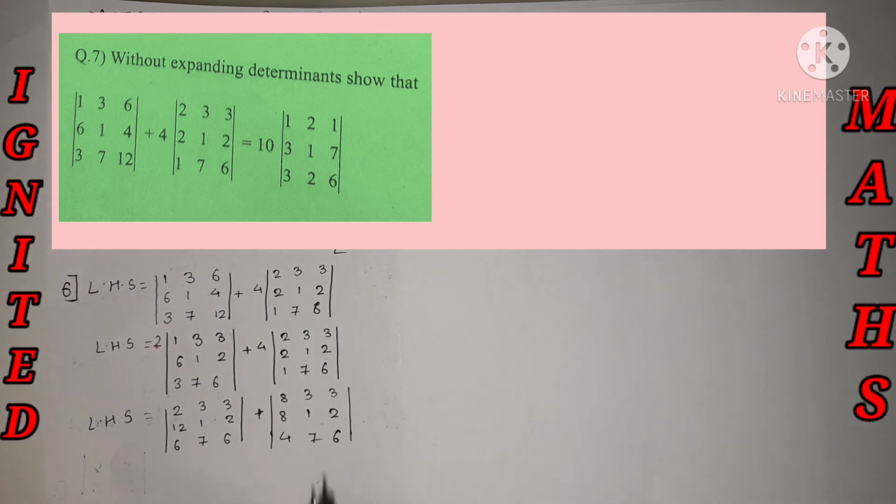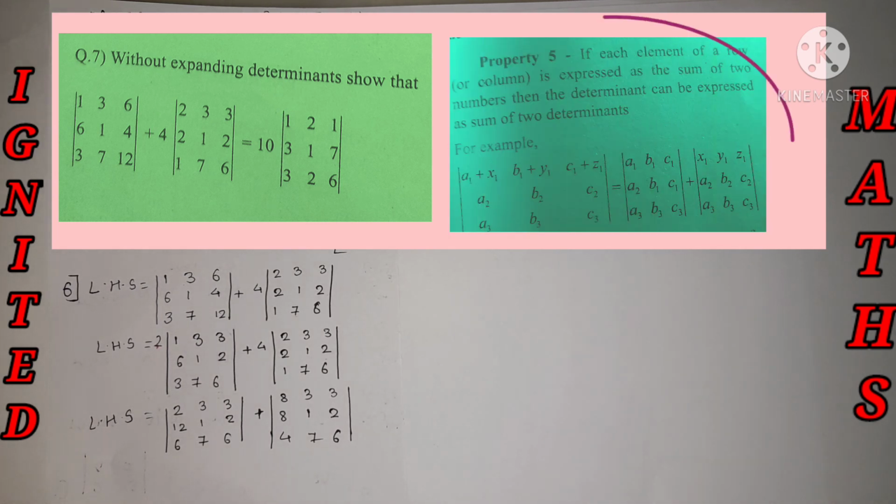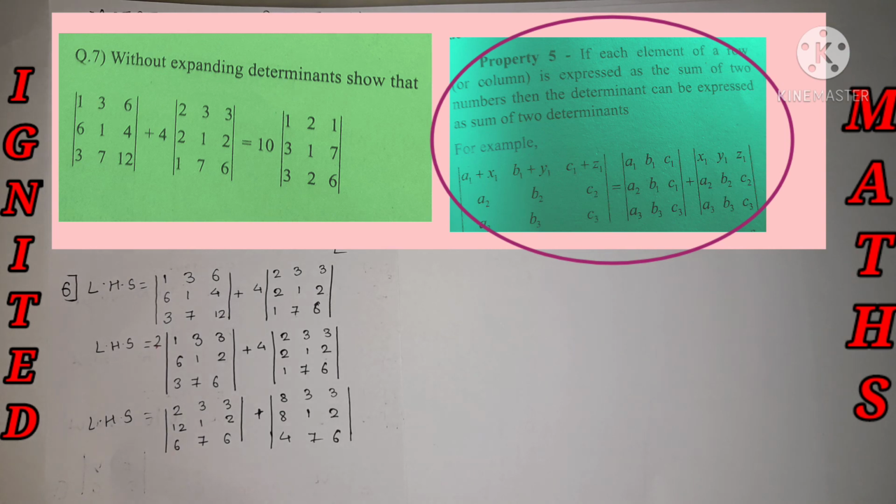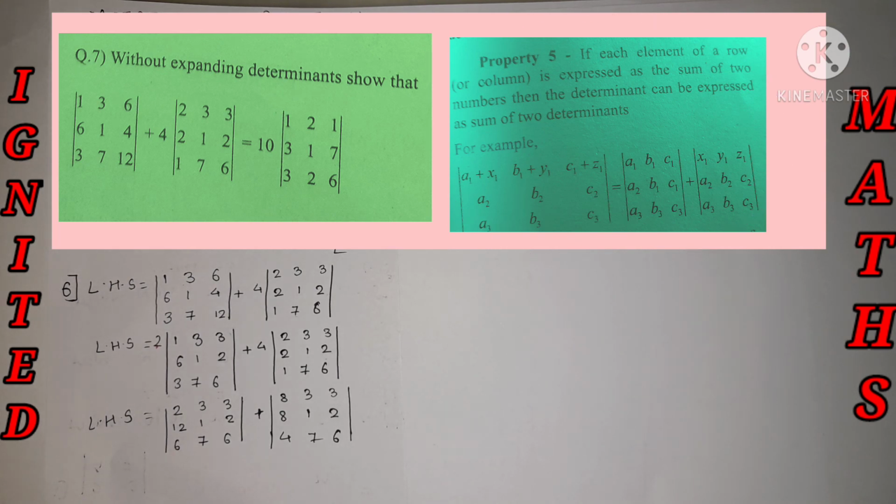Now we have one property: if each element of any row or column of the determinant is expressed as a sum of 2 terms, then the determinant can be expressed as a sum of 2 determinants. Even the examples have been mentioned from A1, B2, C1. The same thing we are going to apply over here. This 2 I took in common.